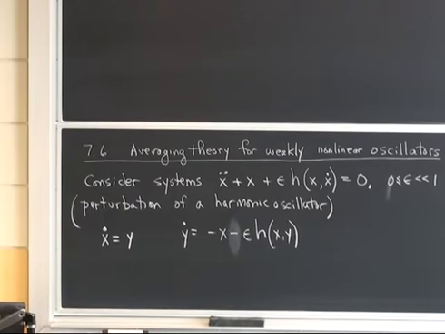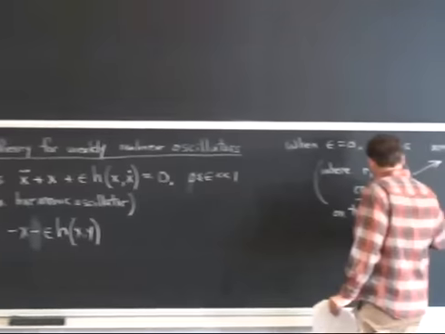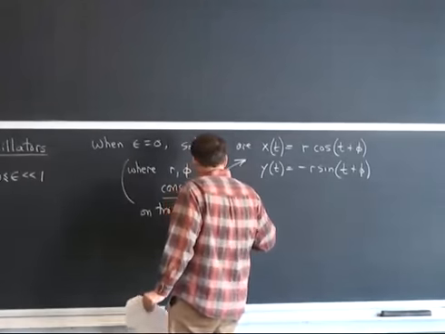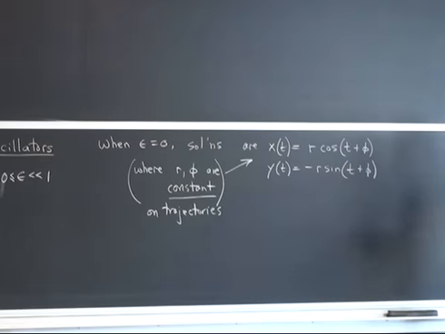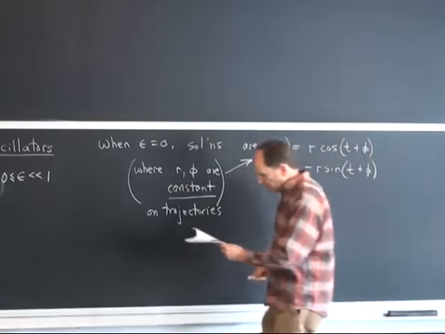Yes. So anyway, R and phi are constant. I guess I should say on trajectories. Meaning as the system evolves on a given trajectory, R and phi will stay constant. Now, of course, we're interested in the case when epsilon is not 0, but small.